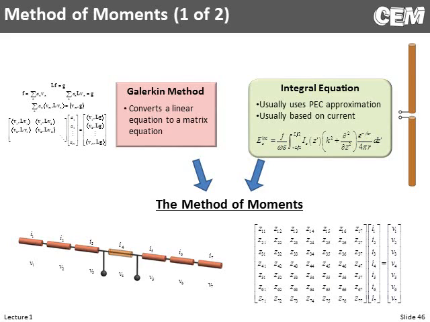If they're just metallic and they're large, this is a great, great technique. The problem with it is it leads to a full matrix because you're solving an integral equation now instead of a differential equation. But you can get away with a lot fewer points. And we'll talk about this later on in the semester too, so you get a better feel for it.